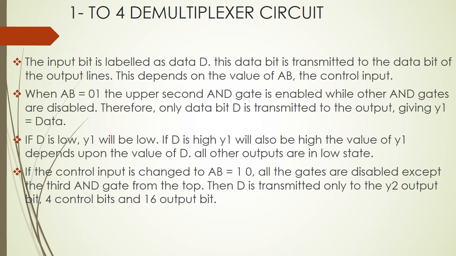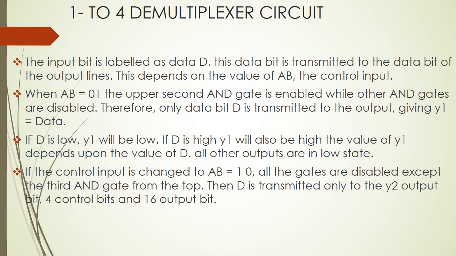So we are talking of the second AND gate, which is 0, 1. Since the second AND gate is enabled while all other AND gates are disabled, this 0, 1 is the only AND gate that is enabled. The others are not.